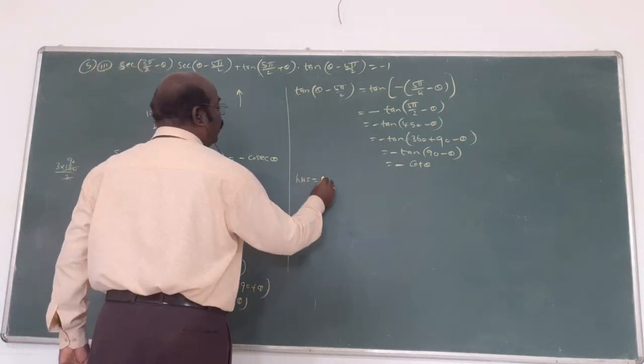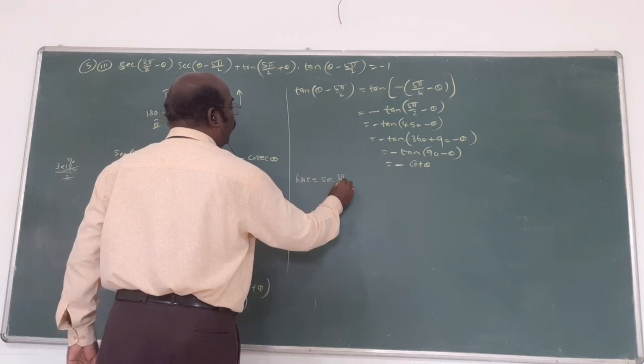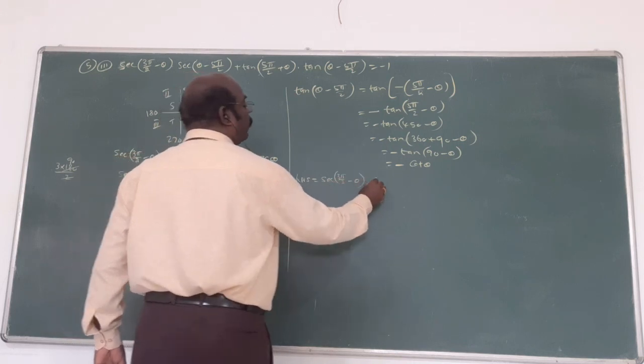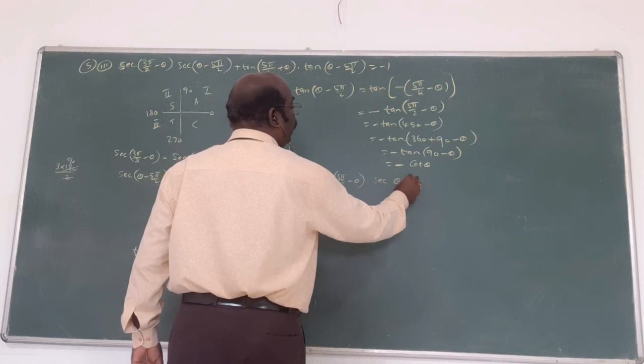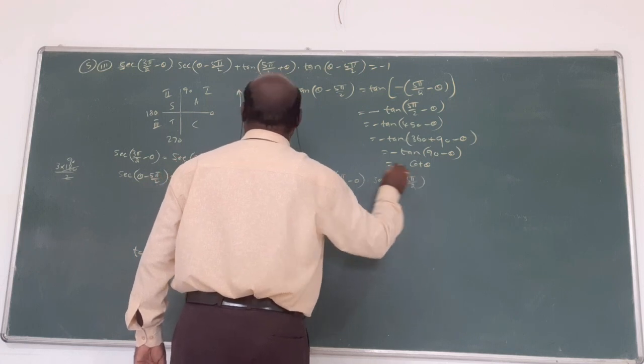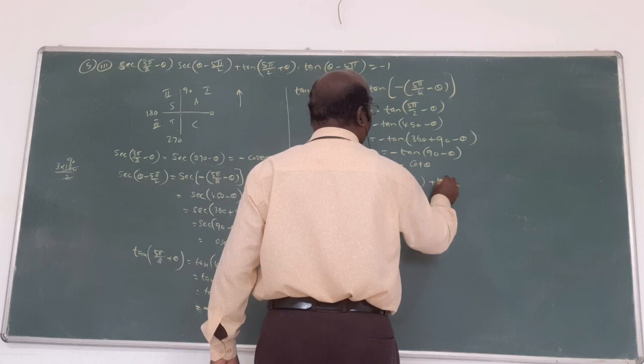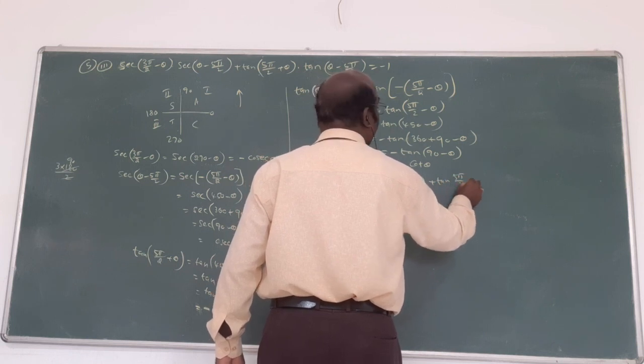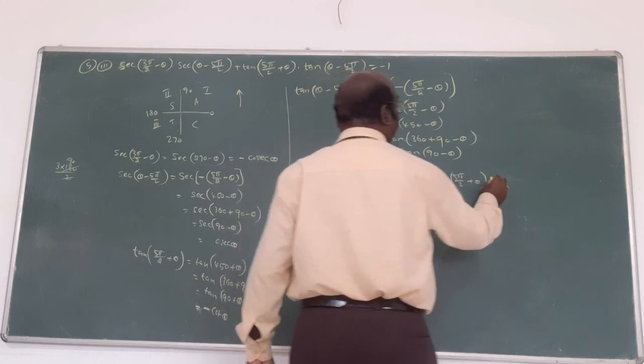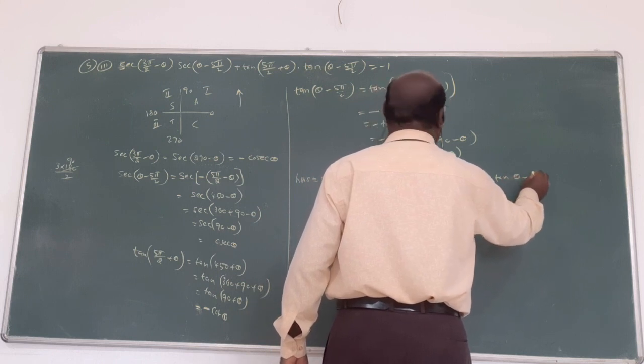LHS equals secant of (3 pi by 2 minus theta), secant of (theta minus pi by 2), plus tan of this one into tan of (minus pi by 2).